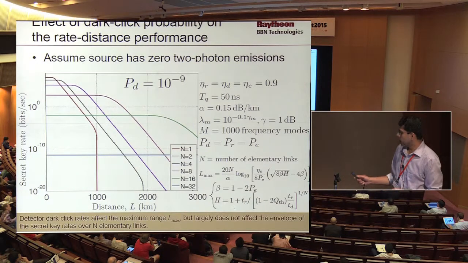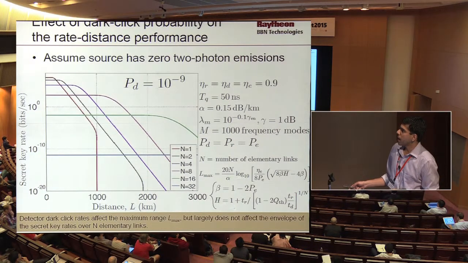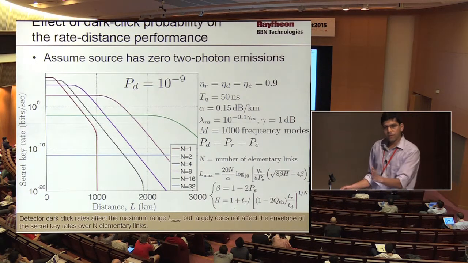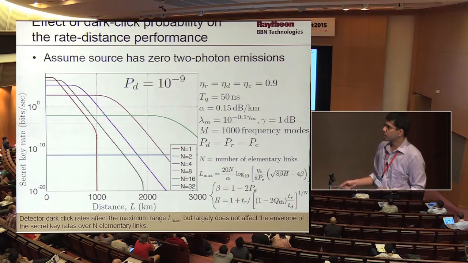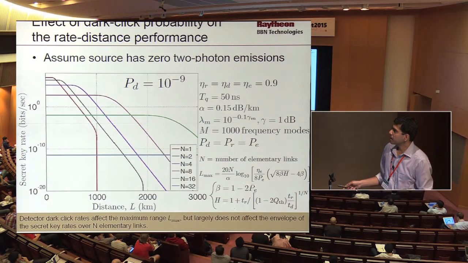So we could find out how dark clicks affect this rate loss envelope. One other thing that's useful to find is Lmax, which is basically where this dark click cliff occurs. If you fix the number of repeaters, what is the maximum length you can go up to with these repeaters before you hit this cliff? That's given by this formula, in terms of the parameters of detectors and losses.